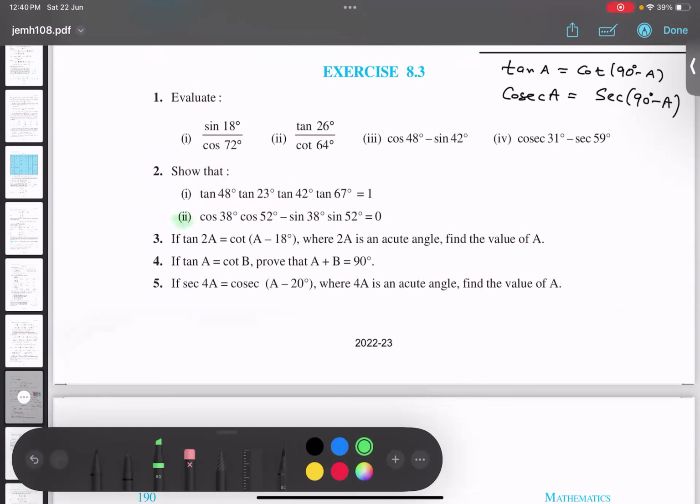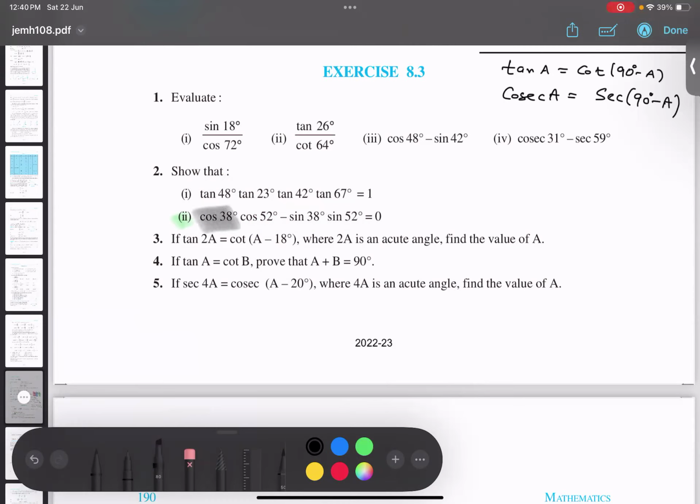Now, second part. Can you see this is multiplication? This is another multiplication. So consider this as a separate question. So solve this, make the angle the same.